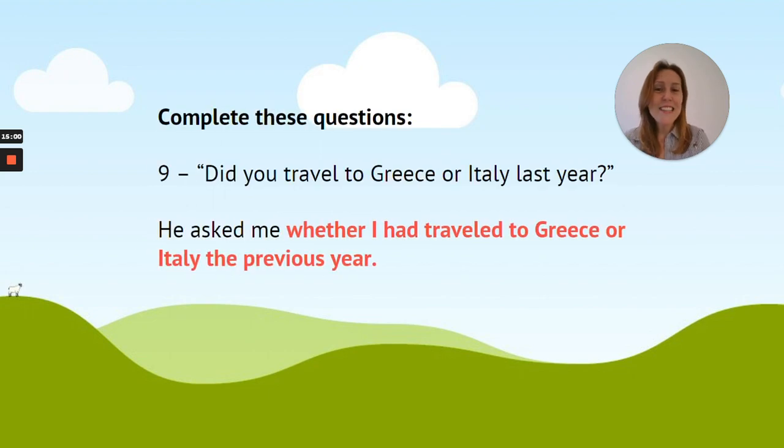He asked me whether I had traveled to Greece or Italy the previous year. So notice that we use whether because there are two options, had traveled because the past changes into the past perfect, and last year changes to the previous year.